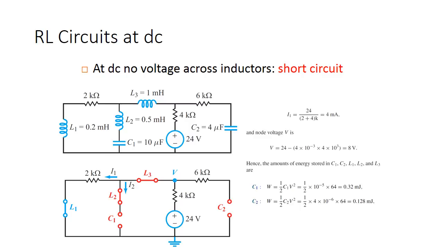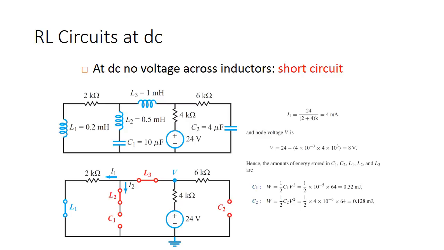And so this becomes very easy to calculate because I1 is going to be 24 over 2 plus 4 kiloohms, which gives us I1 equals 4 milliamps. It's only one loop in this entire circuit. And then we can use our normal voltage equations to calculate the node voltage, and the node voltage calculated there is going to be 8 volts.